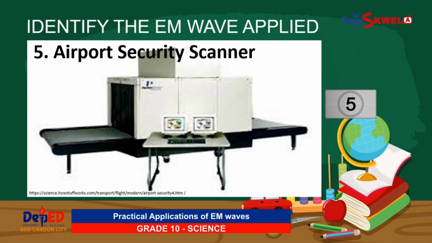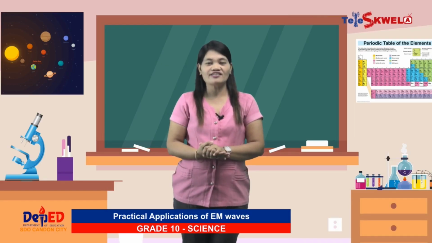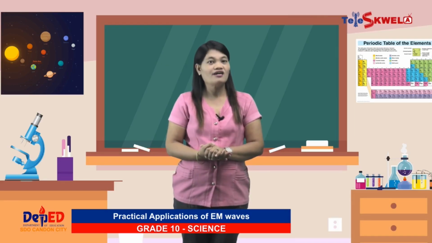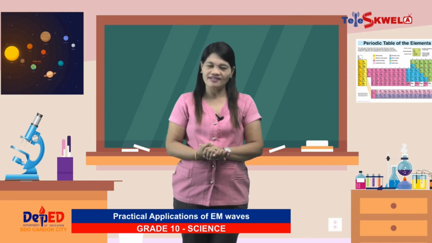What type of electromagnetic wave is used in airport security scanners? The answer is correct, X-ray. Did you get all the answers correctly? If yes, very good. If no, that's okay.